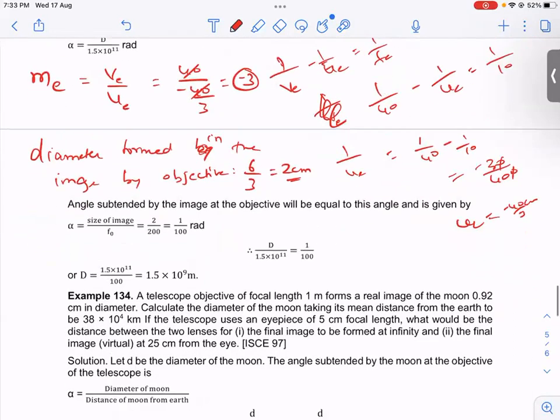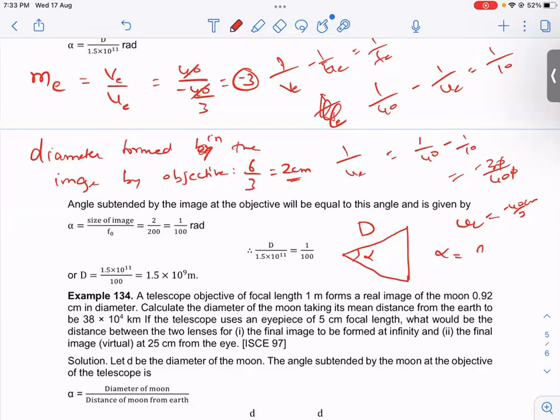Next is, if this is the sun and these distances are taken to be capital D, and if this angle is alpha, what is the value of alpha here? Alpha is measured in radian.